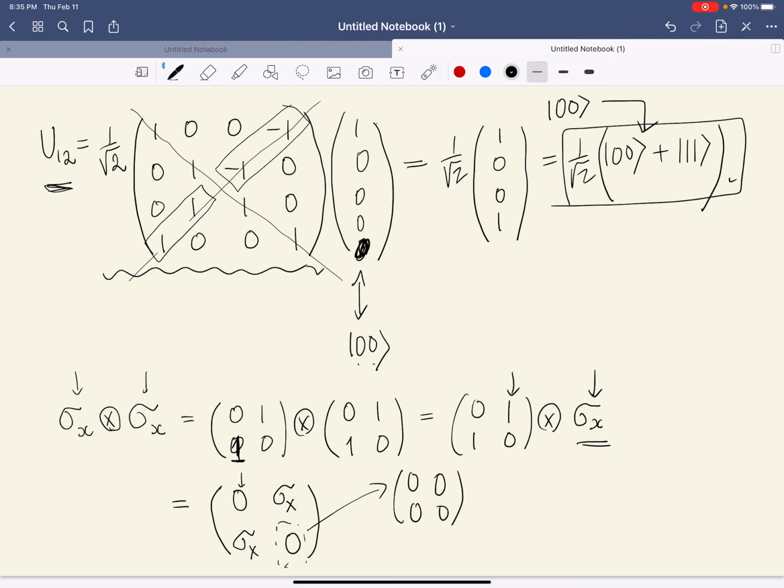It's not a simple zero scalar, but rather a 2 by 2 matrix of zeros. In this way, you can see that the tensor product of two 2 by 2 matrices gives you a new matrix, which is 4 by 4.